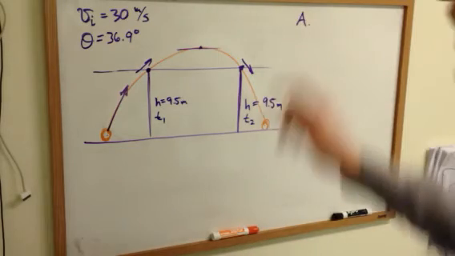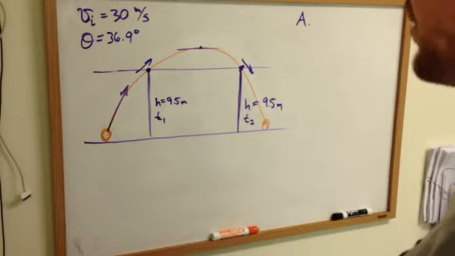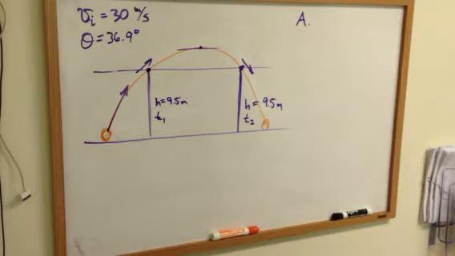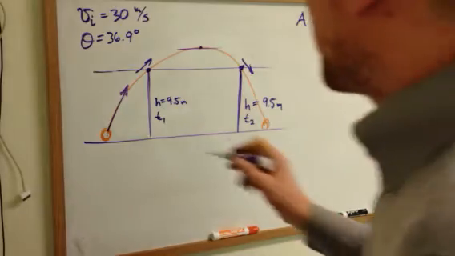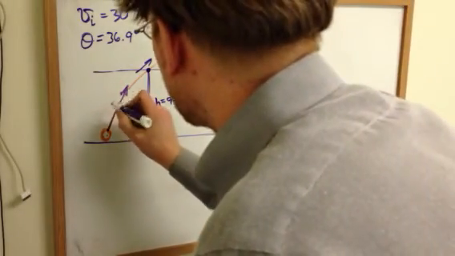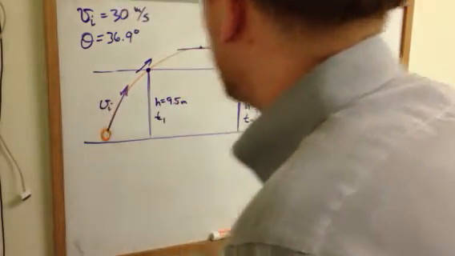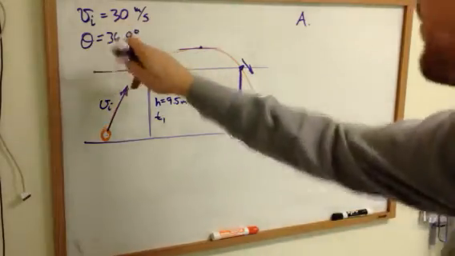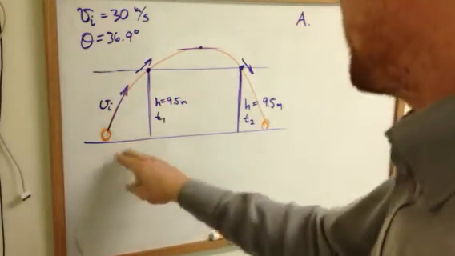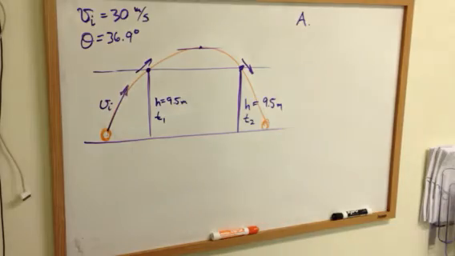Now, how high a baseball, just like all projectiles, goes is only dependent on the vertical velocity. So if this is our initial velocity vector here, we know what that value is. It's given. Its magnitude is 30, and its direction is 36 degrees above the horizontal.